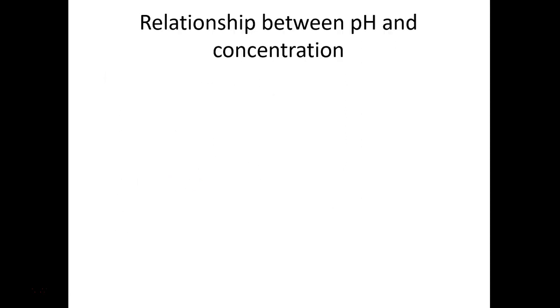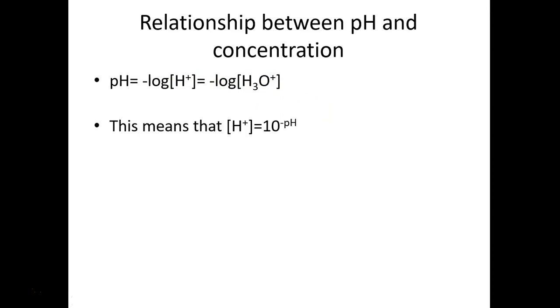All right, so let's talk about the relationship between pH and concentration. Now, we know, hopefully, that pH is the negative log of the concentration of the hydrogen ions. Remember that these brackets mean concentration. Since we're using that more or less interchangeably with hydronium, we can say that pH is also equal to the negative log of the hydronium ion concentration.